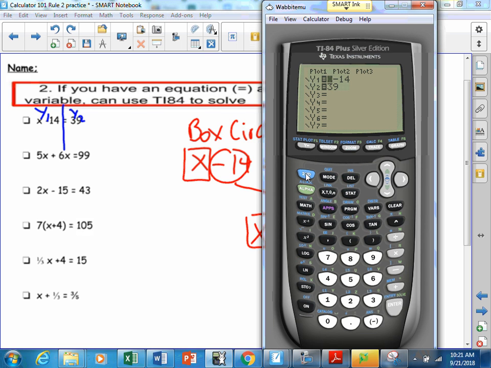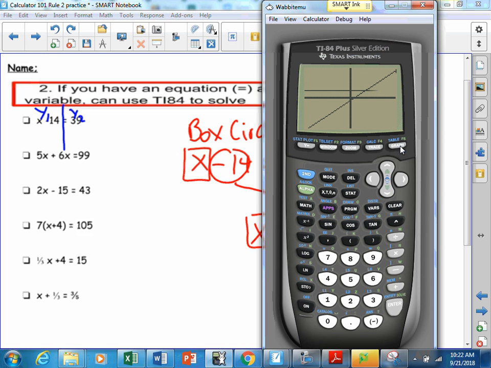Okay, now that that's been done, I'm going to hit graph, and what I'm hoping to do is see the intersection. That's the ultimate goal. If I don't see an intersection, this technique I'm teaching you can't work. So here we go. Bam, we got an intersection. Now we're going to hit second trace 5.